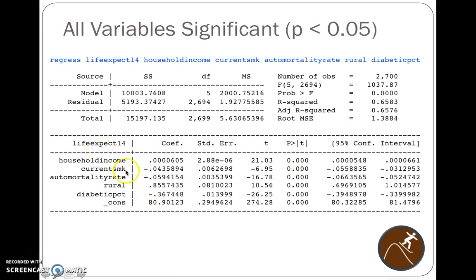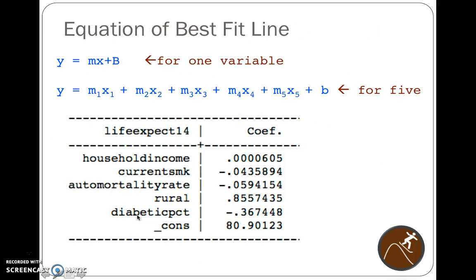It's not apparent to us, though, which one's the most important or anything like that. But you can see which things are associated with improving life expectancy, as well as which things are inversely associated, like smoking, auto mortality, and diabetes. Being rural and having more money, those things help life expectancy.